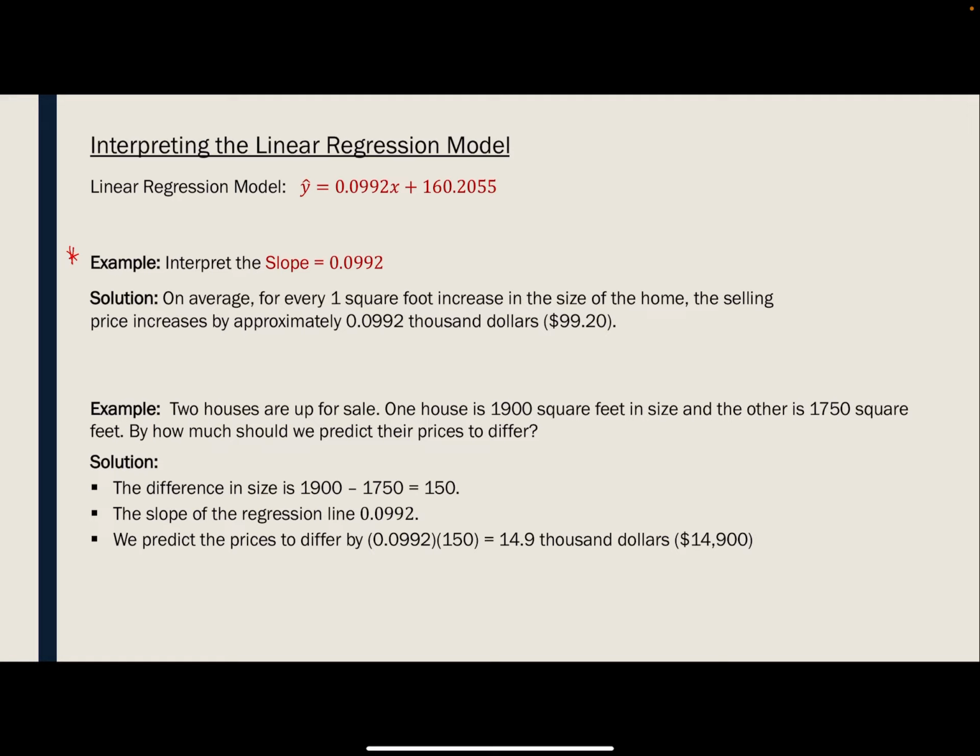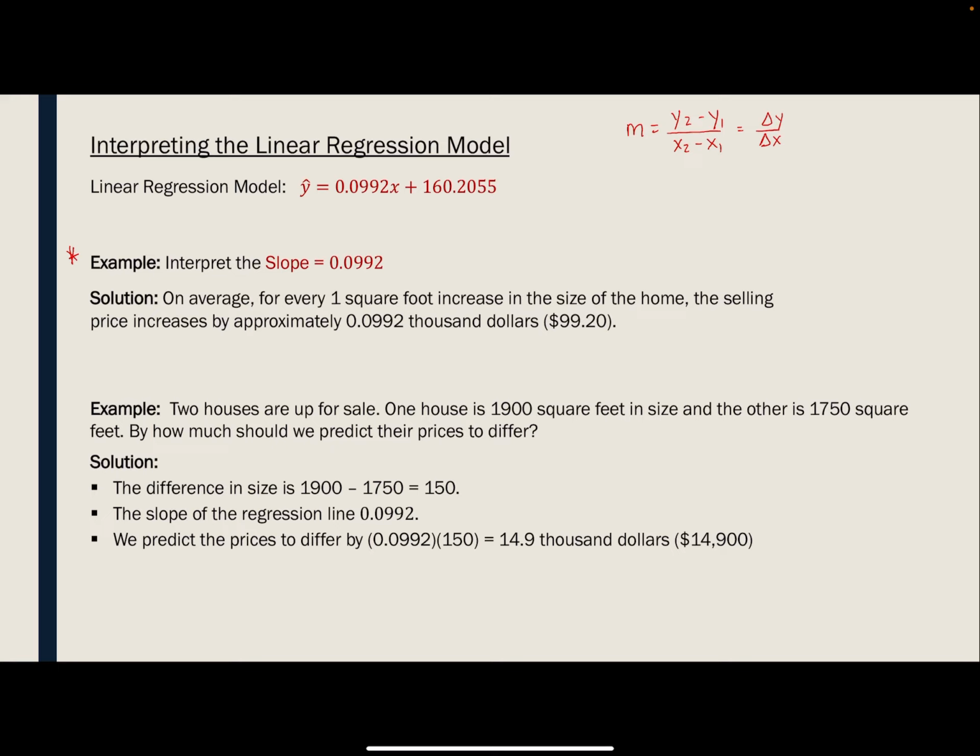So remember, I'm going to make some notes up here. Remember the formula for slope from algebra is the difference in the y's over the difference in the x's: y2 minus y1 over x2 minus x1. We also called this the change in y over the change in x.